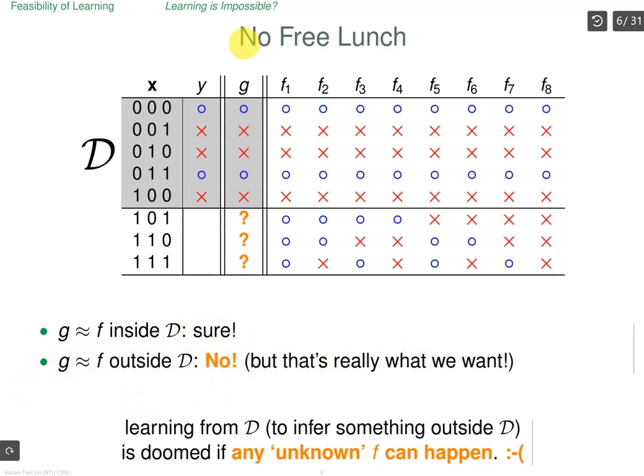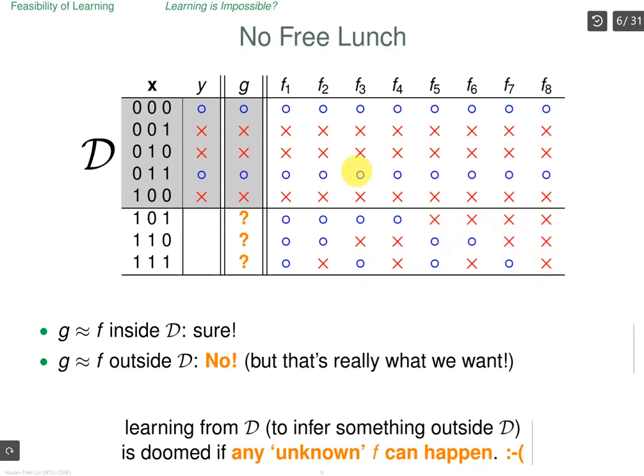The no free lunch theorem in machine learning states that learning is generally impossible. Learning the G from the data that approximates the target function outside the data is impossible, as the labels for these given 3 examples could be one of the possible 8 distinct combinations.